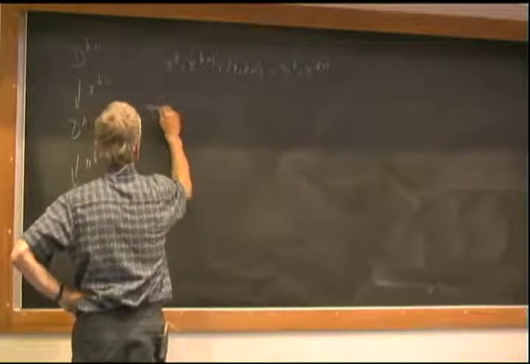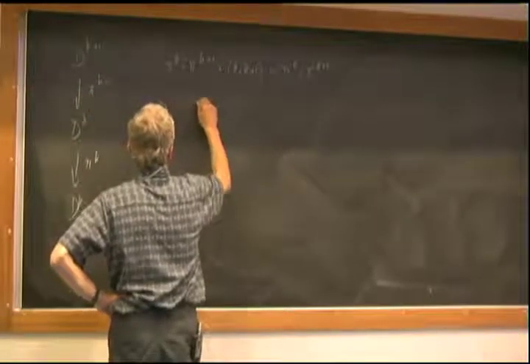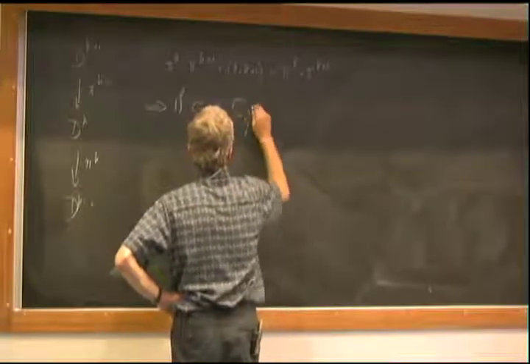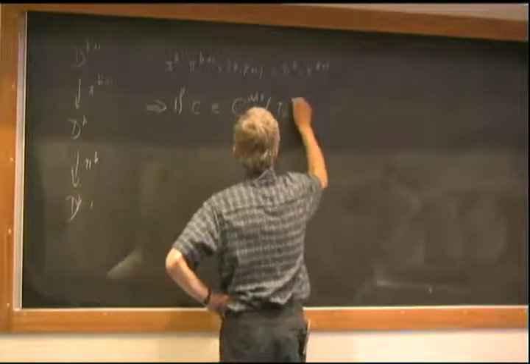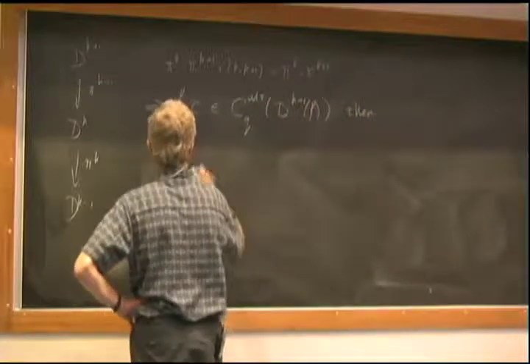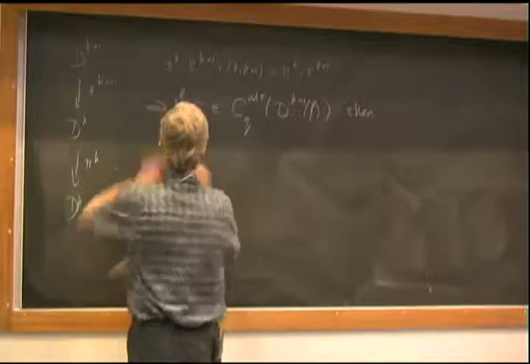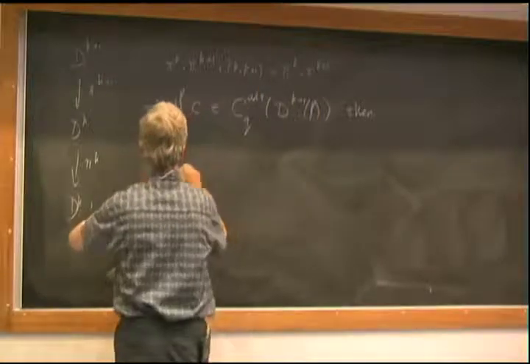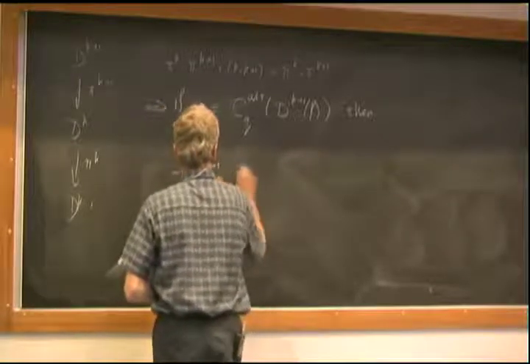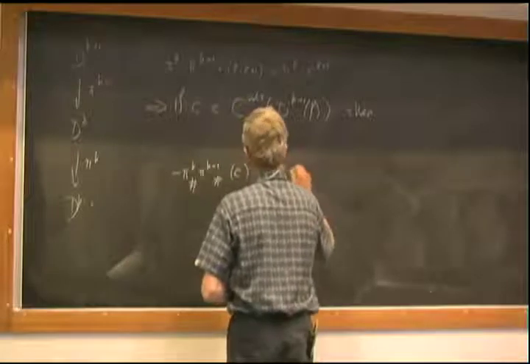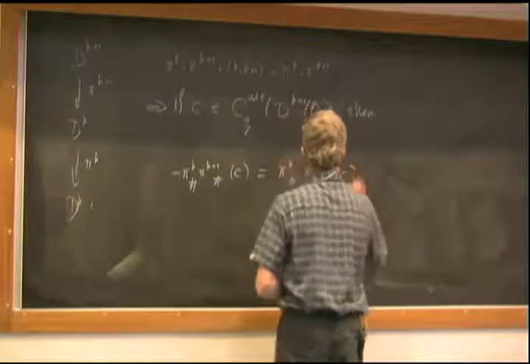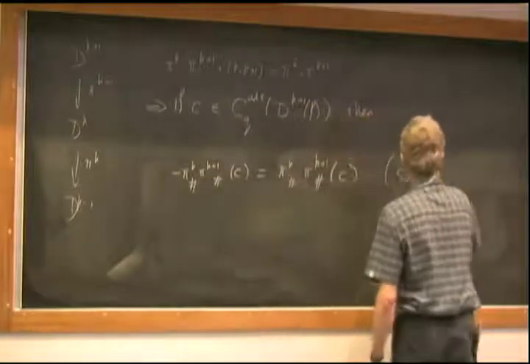And from this, it follows that if C is an alternating Q chain on d_{k+1} of F, then, well, apply both sides, you get minus pi_{k+1} lower sharp of C is pi_k lower sharp pi_{k+1} lower sharp of C. The same argument as before.